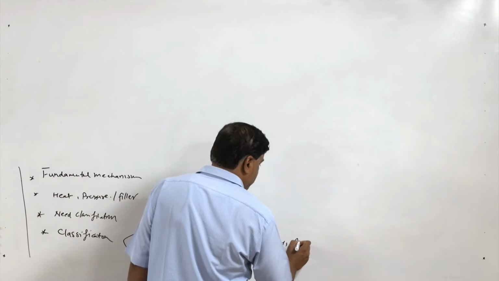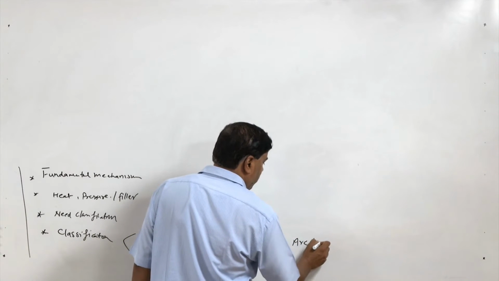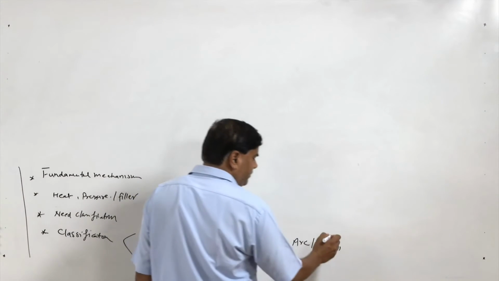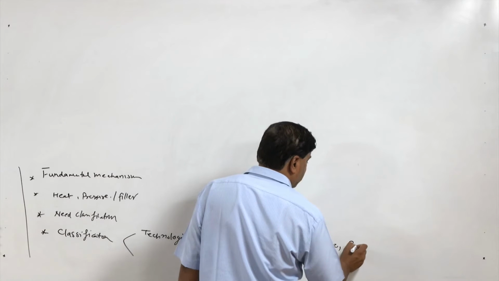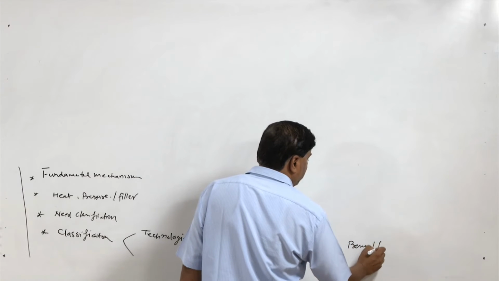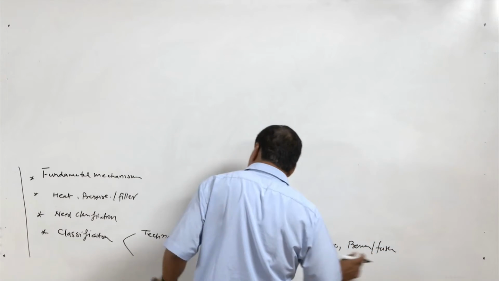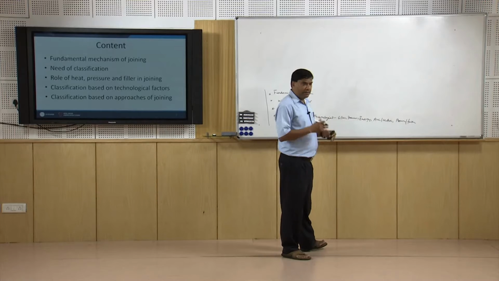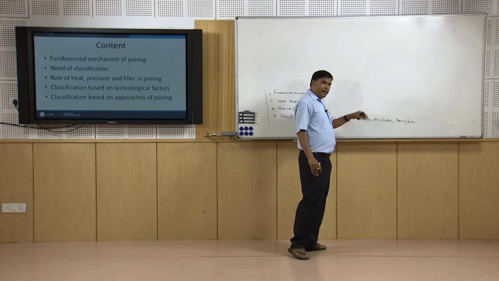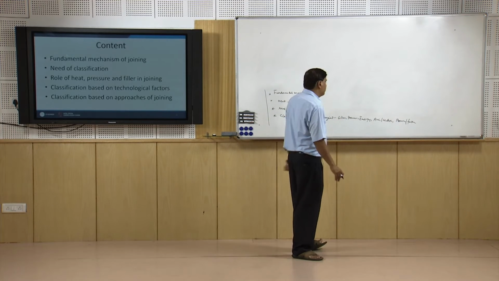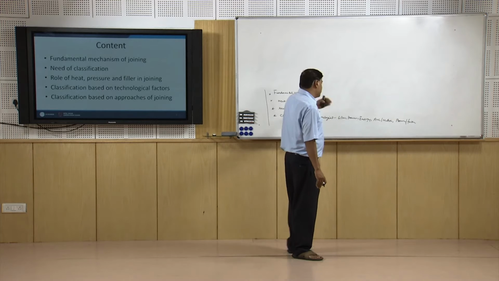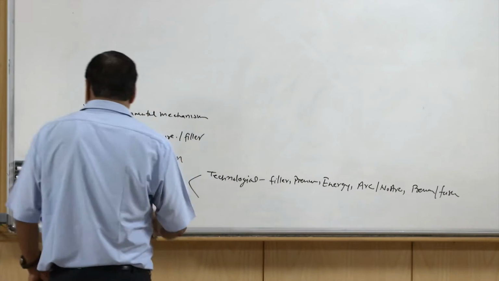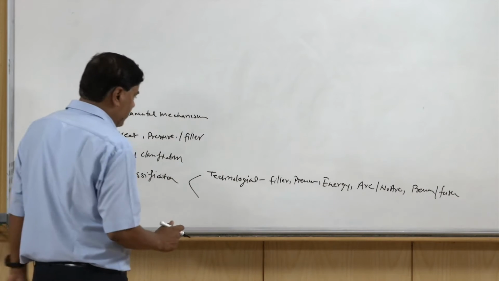Then there is whether arc is there or no arc process, and then there is the pressure and the fusion. So, these are basically the technical factors: whether the pressure is being used or the melting is achieved, whether arc is being used in the joining process for developing heat or not, the kind of energy which is being used, or whether filler is used or not. So, the classification based on these are the technological factors.